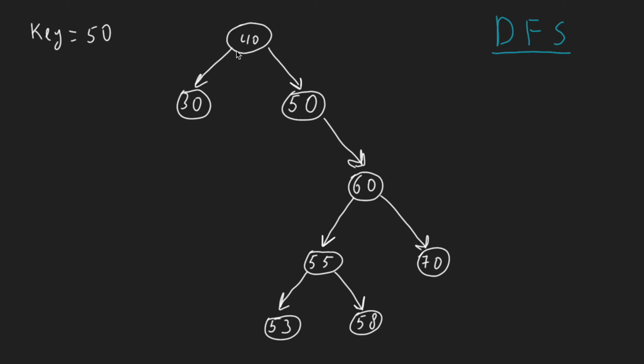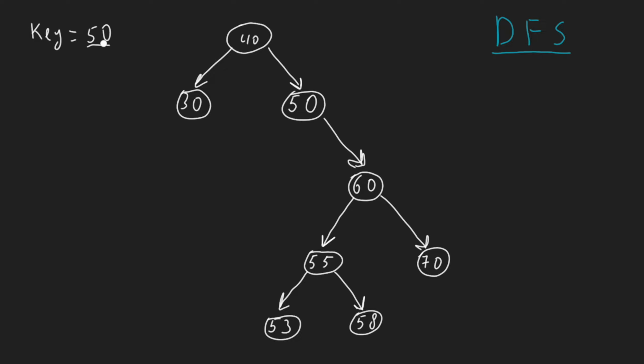Okay, let's take a look at our first example. We have this binary tree and our key is equal to 50. We are going to implement a DFS algorithm and search in our tree. Since it's a binary search tree, all the values of the nodes on the left are less than all the values of the nodes on the right.